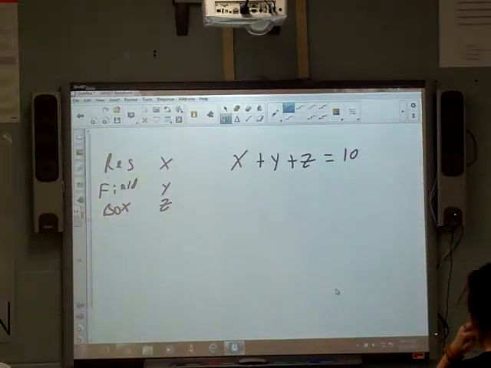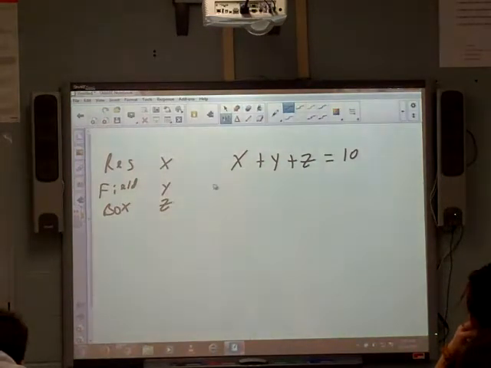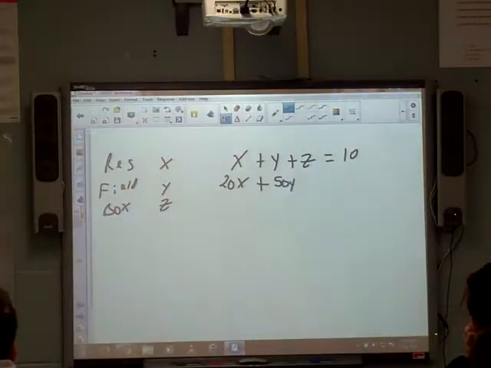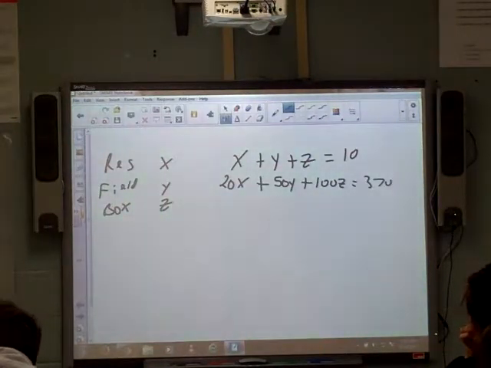So I've got to now put those prices in on the mix. The reserved seats were $20, so $20 times how many I got. The field tickets were $50, so 50 times how many of those I got. And these rich box seats are $100, so 100 times how many of those I got. And my total bill was $370.